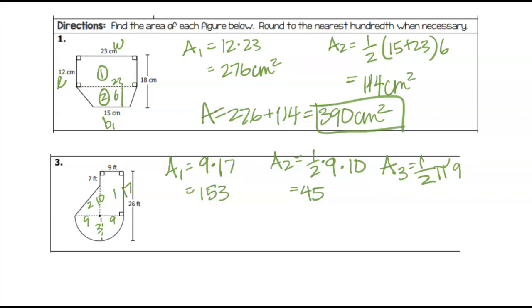Just going to circle these because that was kind of confusing me, that 3. Remember, that's figure 3, figure 2, and figure 1. All right, and then if I put this all in the calculator, 1/2 times pi times 9 squared, don't forget about the square, that is 127.23. Then I will add them all together.